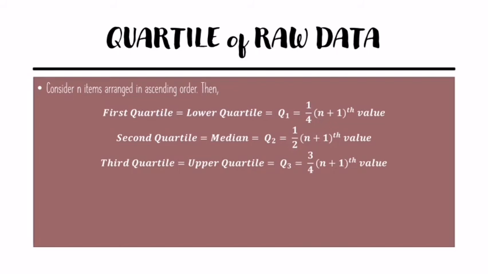And the third quartile, the upper quartile, Q3, equals 3 over 4 multiplied by in bracket n plus 1. And then the interquartile range is Q3 minus Q1. So the interquartile range is basically the difference between the upper portion and the lower portion, and the number of data in between the lower and the upper portion. Okay?